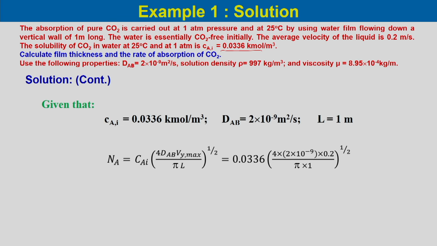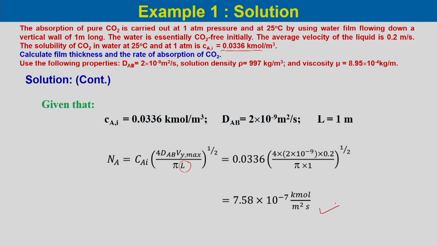N_A would be equal to C_AI 4 D_AB V_y average by pi L to the power half. If we substitute, it is 0.0336 into 4 into 2 into 10 to the power minus 9 into 0.2 divided by pi into 1, since length is 1, whole to the power half. So, this will give 7.58 into 10 to the power minus 7 kilomole per meter square second.